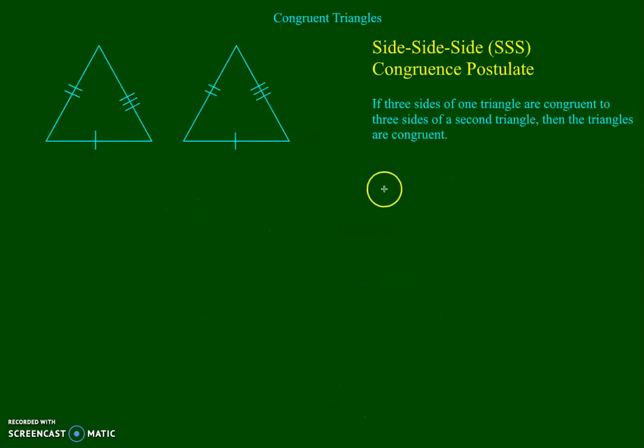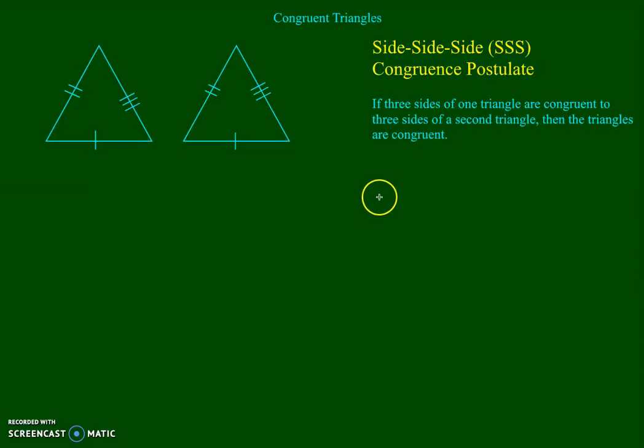Now, up to this point in our discussion of congruent triangles, we have had to show for any congruent polygon that every corresponding part of each polygon must be congruent. And when it comes to triangles, we had to show that the corresponding parts of congruent triangles would have to be congruent.